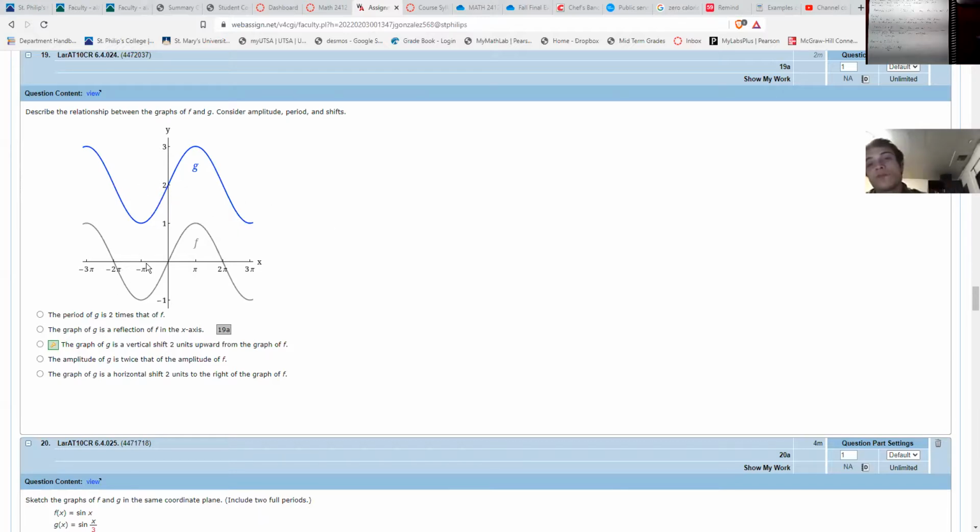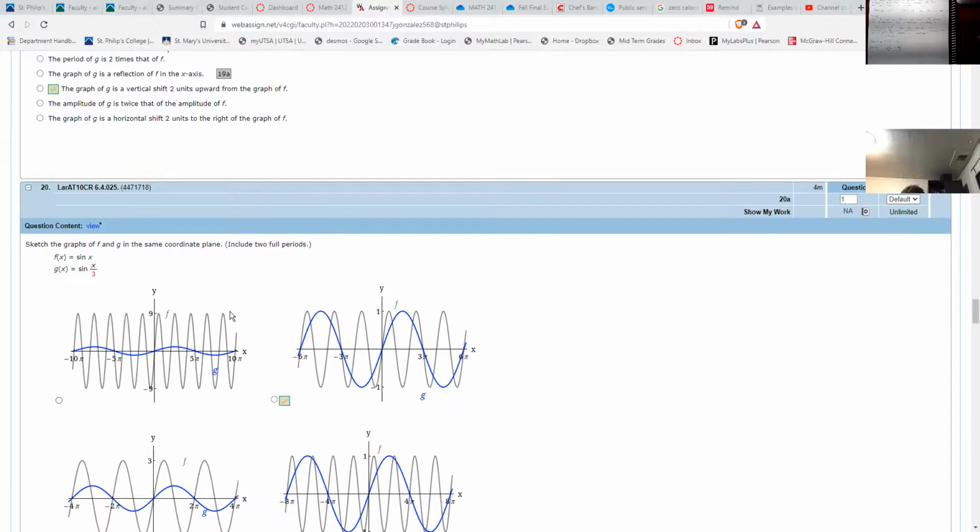So vertical, if F is the original, G is the same thing, but shifted up, right? So this would be shifted up 2 units. So this is just F plus 2. So vertical shift of 2 units from the graph of F, right? So it just talks about those ideas.